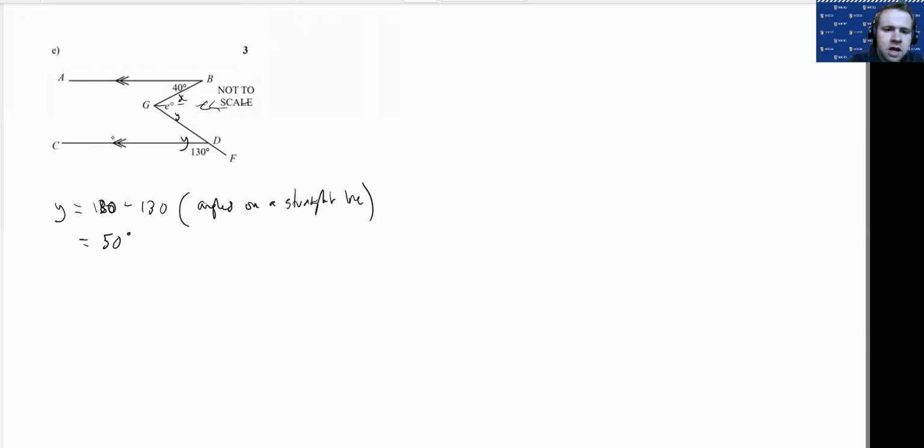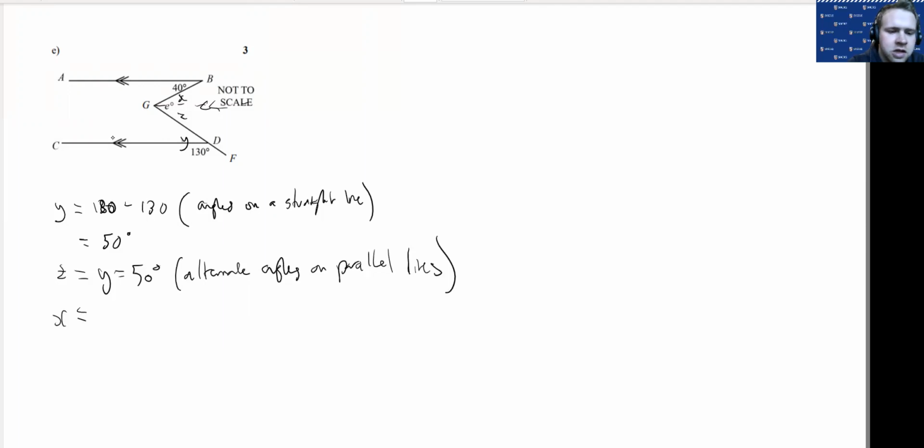And then I know that this angle, sorry, I'm going to call that Z. I know that Z is going to be equal to Y, which equals 50 degrees, because they're alternate angles on parallel lines. And then I know that X is going to equal 40 degrees because it's alternate angles on parallel lines with the angle above it.